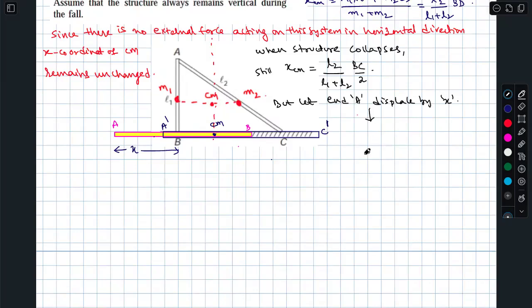Because of this, what happens? M1 is a point mass still. How far is M1 from A? Can you please tell me? In fact, you said this distance is L1 by 2.